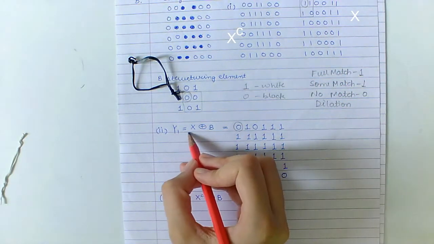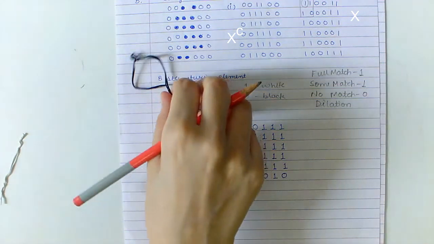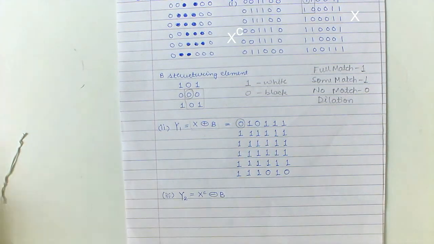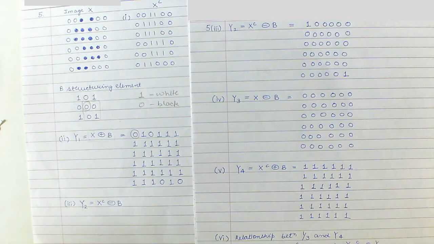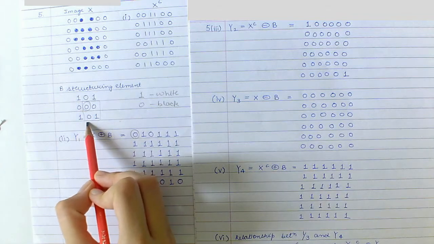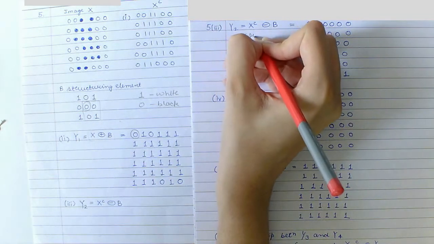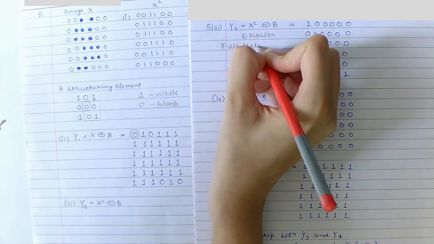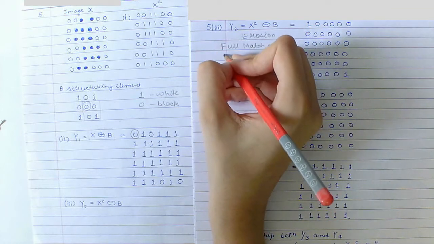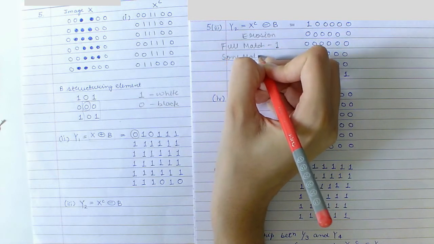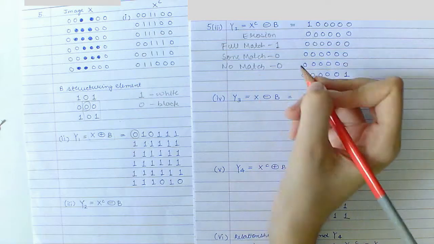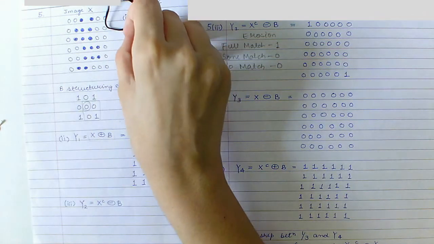Similarly for Y2 equals X complement erosion B. So here we have X complement and this is the structuring element B. For erosion, if there is a full match we put the value 1, if there is some match we put the value 0, and if there is no match we put the value 0. So we do this for every pixel in X complement.